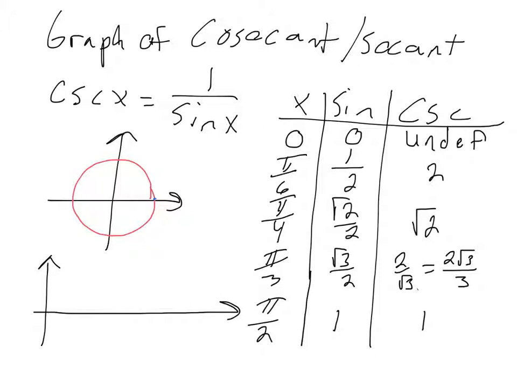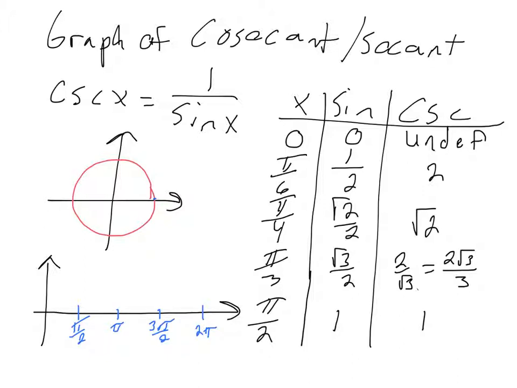Right, if we graph this, let's just do it between 0 to 2 pi, so 1, 2, 3, 4. So pi over 2, pi, 3 pi over 2, 2 pi.